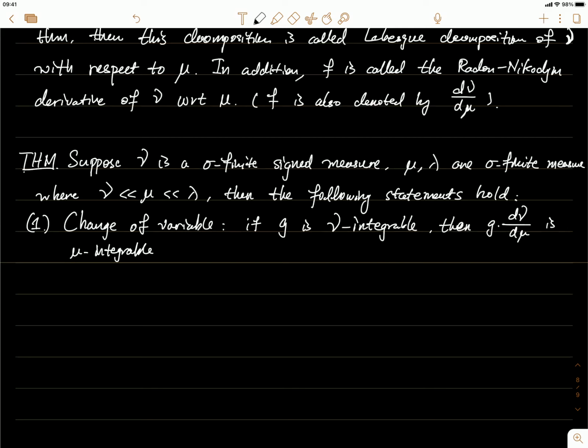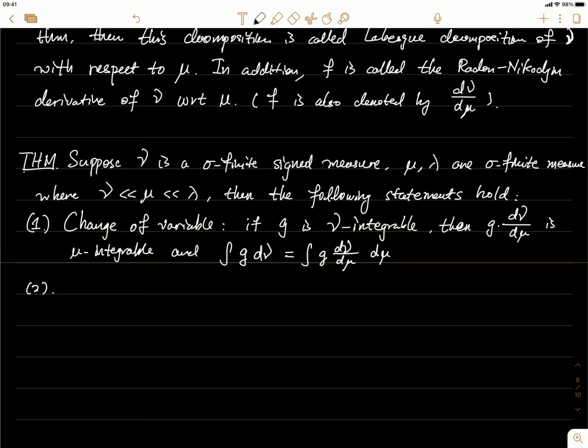And the integral of g with respect to the measure nu is equal to the integral of g d nu d mu with respect to mu.